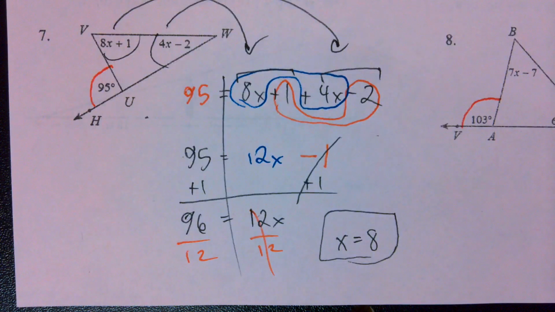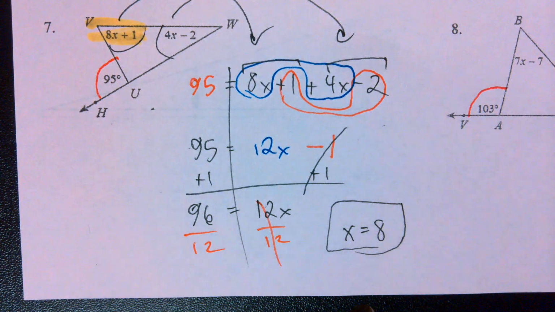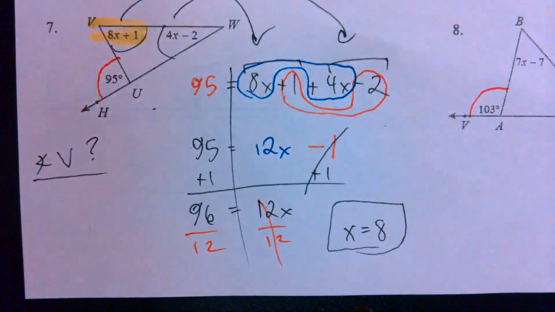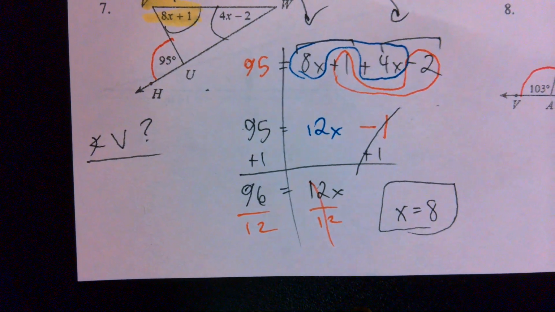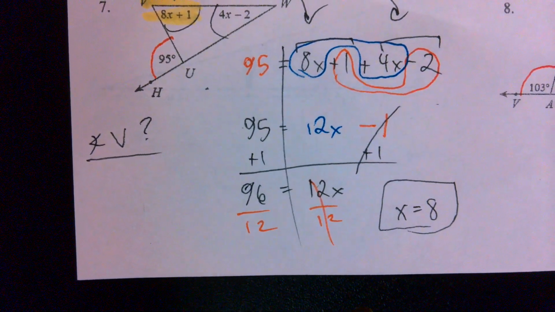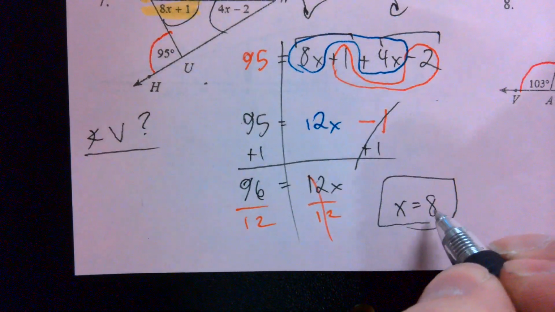Now if it said find the measure of angle V, angle V, I just highlighted it there. How can I find the measure of angle V? I know it's 8x plus 1. Plug in the x we just found.